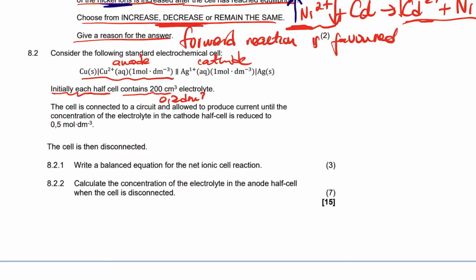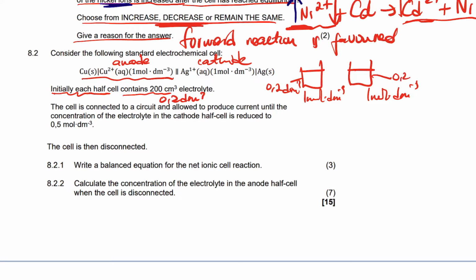Each electrolyte has a concentration of 1 mole per dm3, and the volume of each is 0.2 dm3.